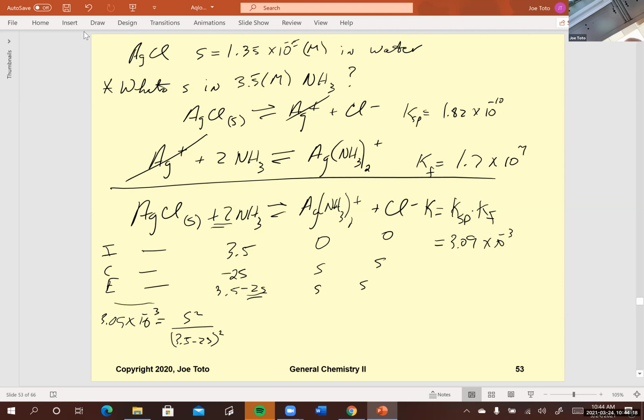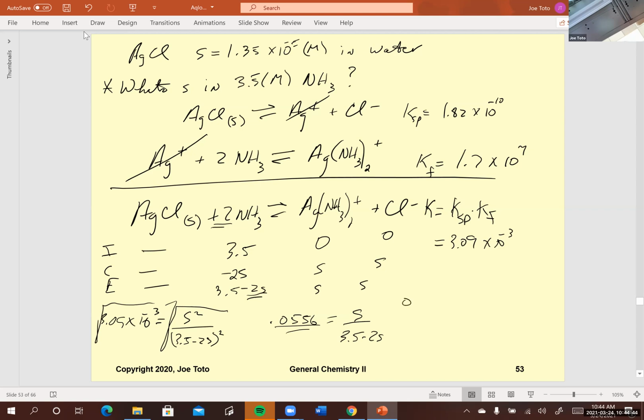So I can take the square root of both sides to get rid of those squares. And when I do that, I get 0.0556 equals S over 3.5 minus 2s. And then I can bring the 3.5 minus 2s over to this side and multiply it out.